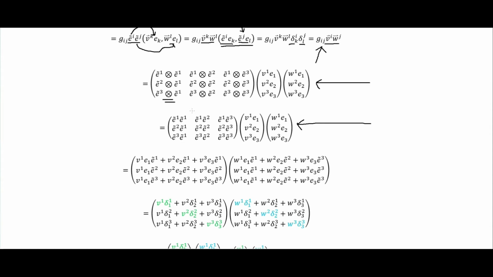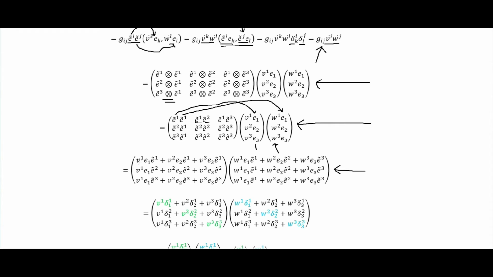And so we have this here. And so this e tilde 1 will go to this one, and then the second e tilde 1 will go to this one, and so on and so forth. So once again, it's that bilinearity where the first one always goes to the first vector, and the second one always goes to the second vector. And so after carrying that out, we have this down here.